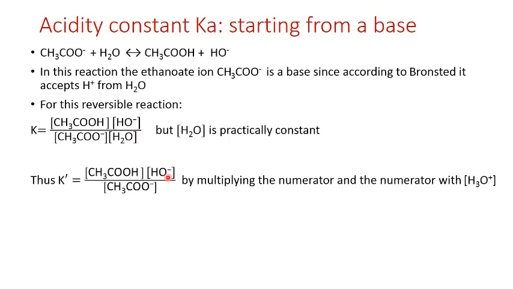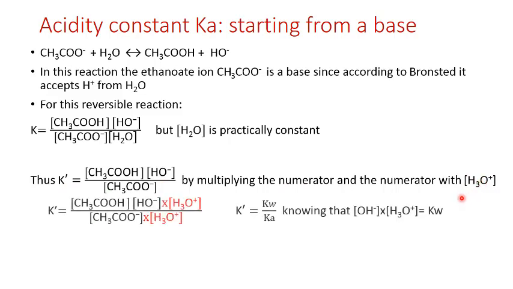Now we have to do something. We have to multiply the numerator and the denominator in K prime by the same value, which is the concentration of H3O+. This is calculation, nothing more. So we will obtain, as you can see here in red, something that doesn't change the constant K prime at all. But look, pay attention to this: OH minus concentration times H3O+ concentration is actually Kw, the ion product of water seen previously.